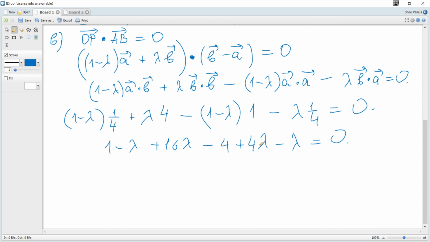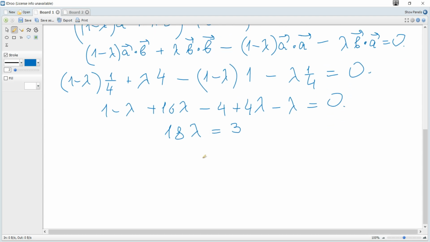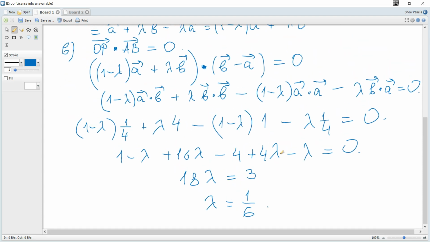And it's 18 lambda minus 3 is equal to 0, or 18 lambda is equal to 3, so lambda is 3 over 18, which is 1 over 6. And that's all for this question.